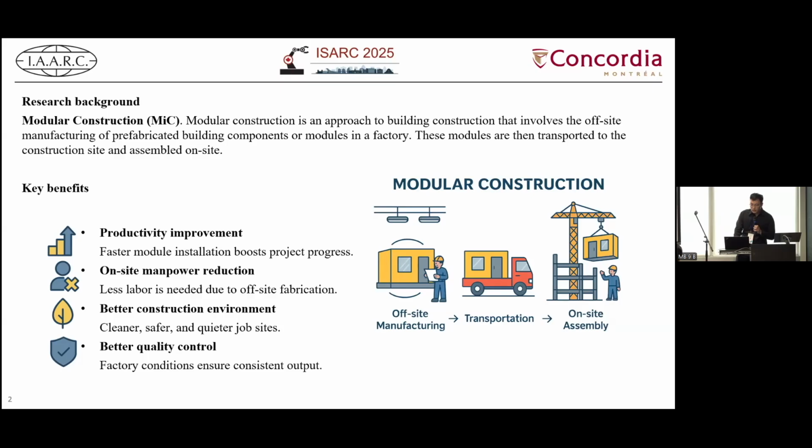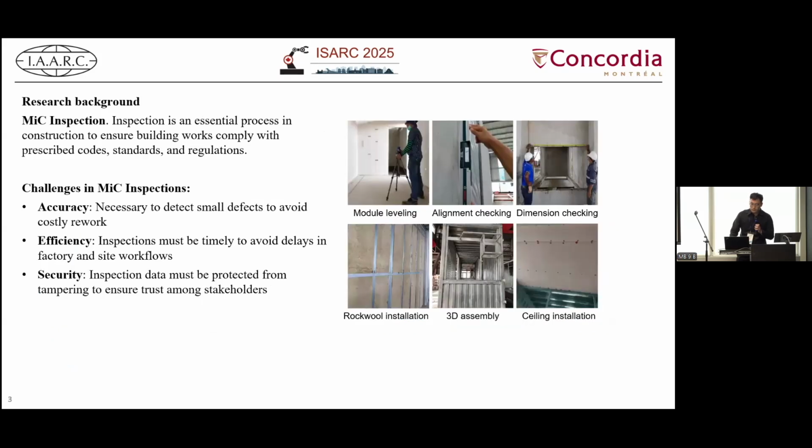And it has some key benefits, including productivity improvement and on-site manpower reduction, better construction environment, and better quality control. And the MiC inspection is an essential process in construction to ensure building works can comply with the prescribed code, standards, and regulations.